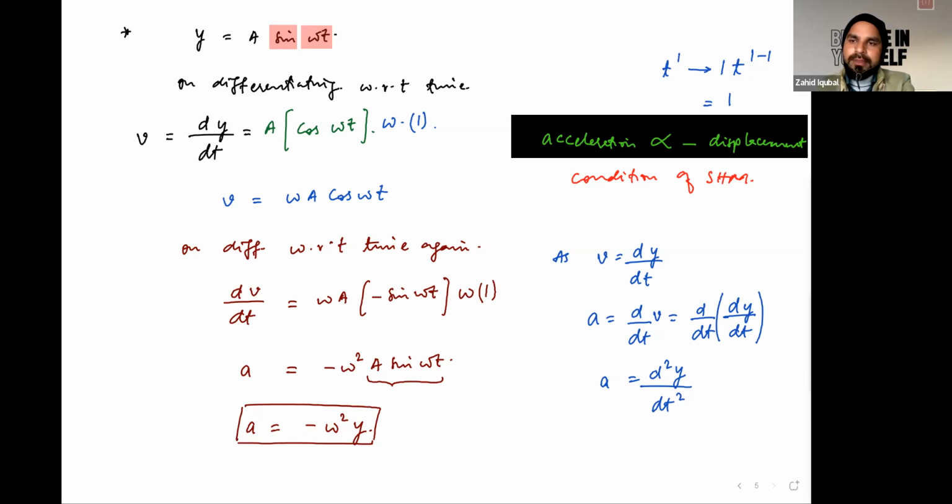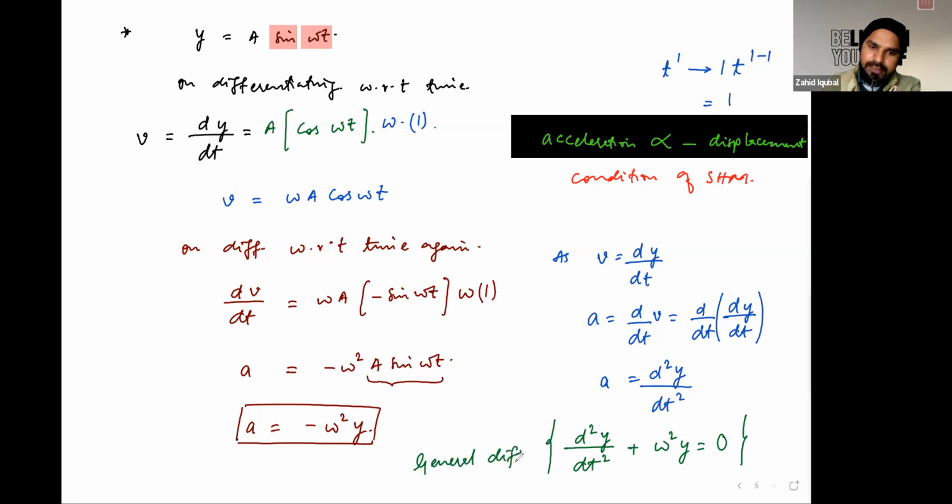Now using this concept, in place of acceleration you may write d2y over dt squared. Move this omega square y to the left side. So you'll get d2y over dt squared plus omega square y equals 0. This expression is called the general differential equation of SHM.